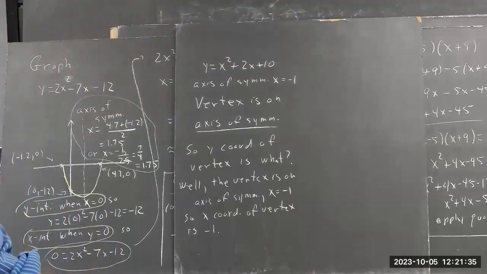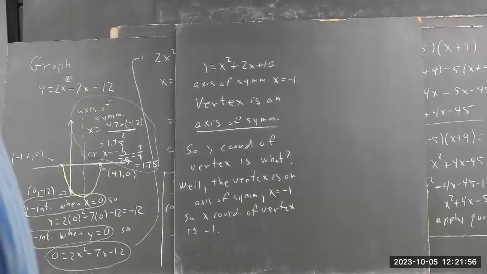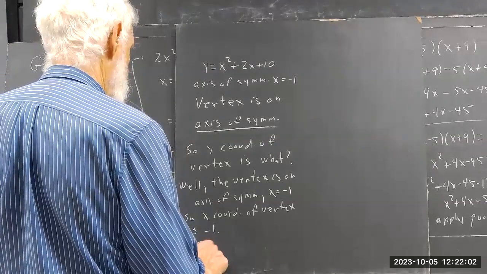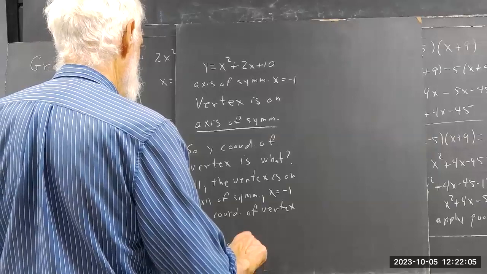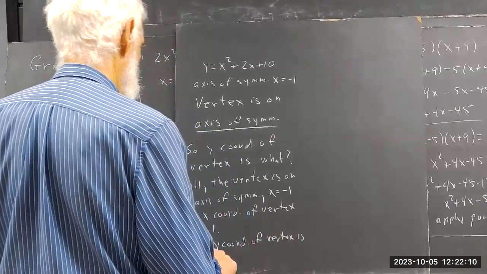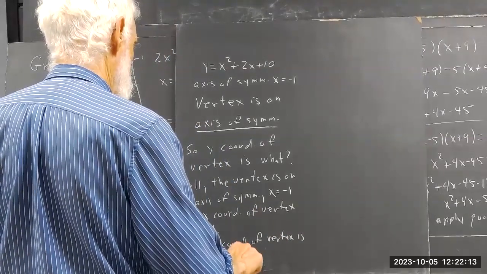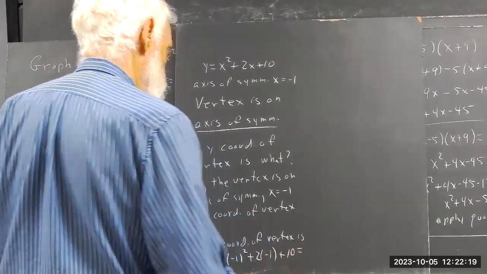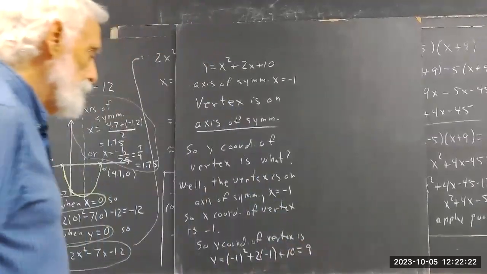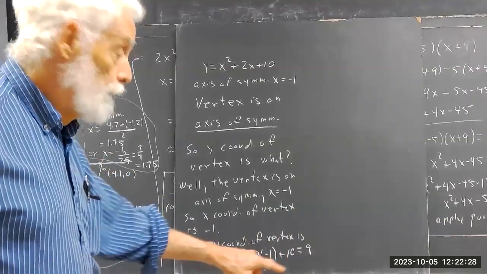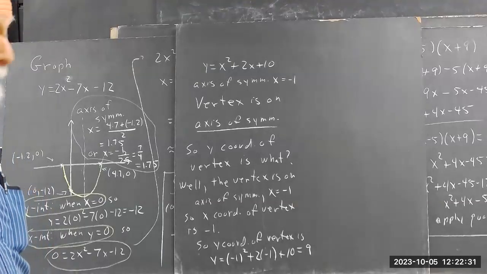Now that we know the x coordinate of the vertex is -1, how do we find the y coordinate of the vertex? I'll let you figure that out. You probably do it in your head. Okay, the y coordinate is 9. We just plug in -1 and we get the y coordinate of the vertex.